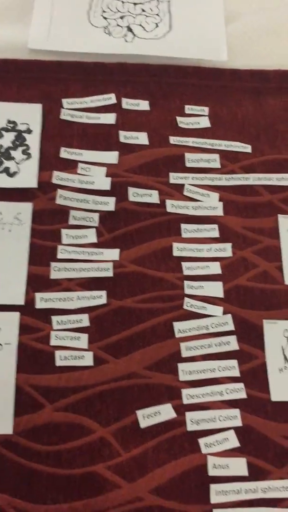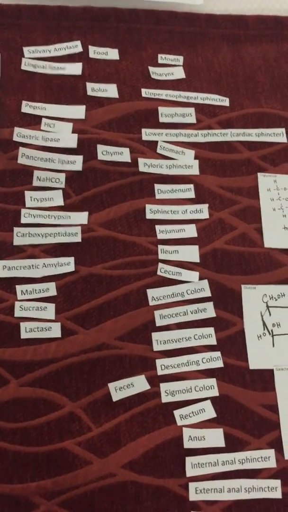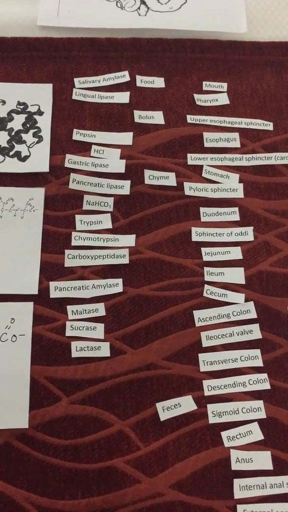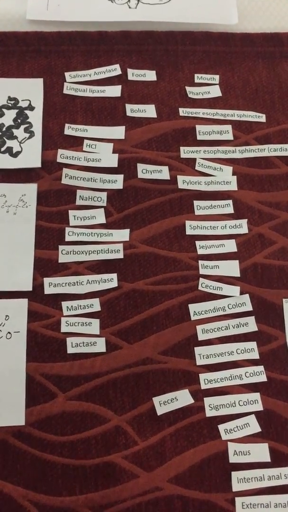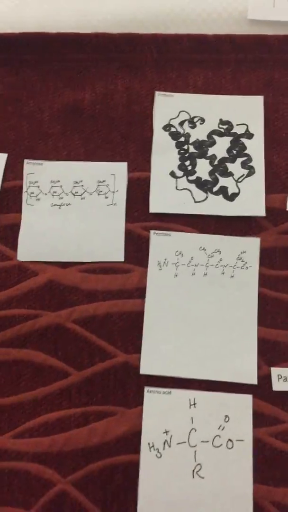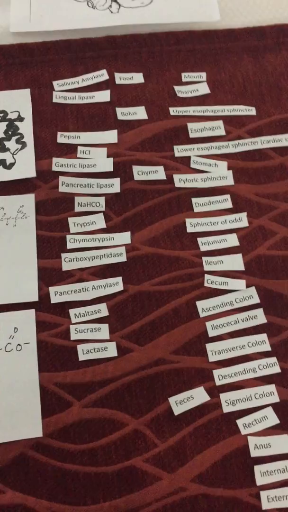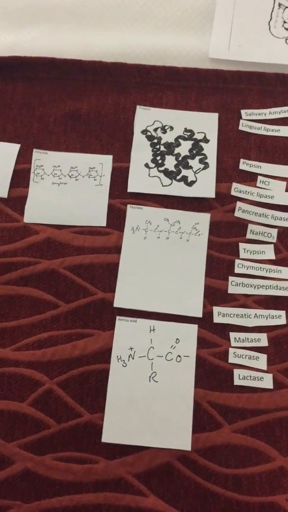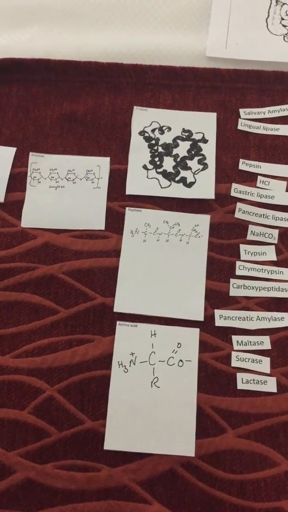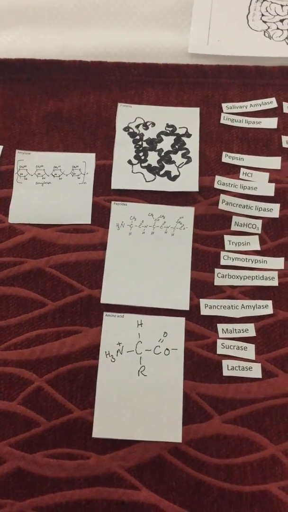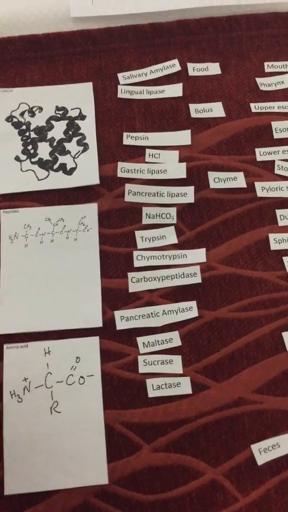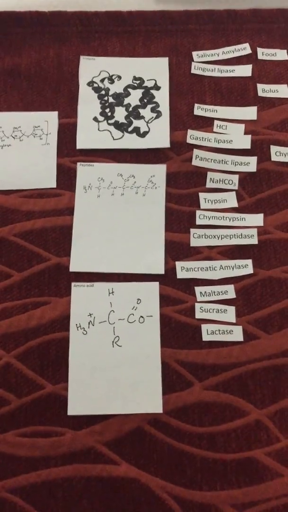Stomach acid unfolds proteins, exposing them to the digestive enzymes. Pepsin begins protein digestion. So there's our proteins. In the small intestine, enzymes break down protein to individual amino acids and small peptides. So there's our peptides and amino acids.